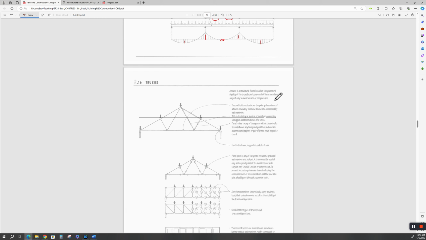It's a structural frame based on the geometric rigidity of the triangle, just like the geodesic dome. You have triangles, okay? And these forces travel down these triangles, and they might come up depending on how you're loading this. Some will be in compression, some will be in tension, and it makes for a lighter structural member that can carry a larger span.